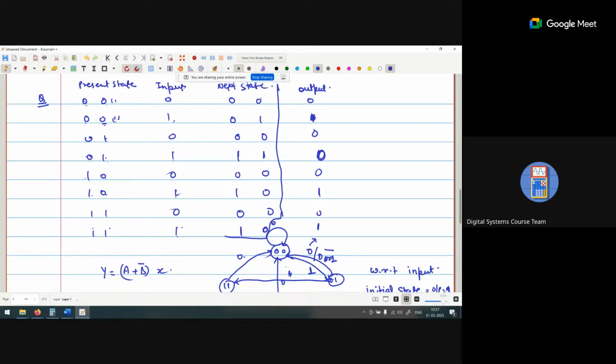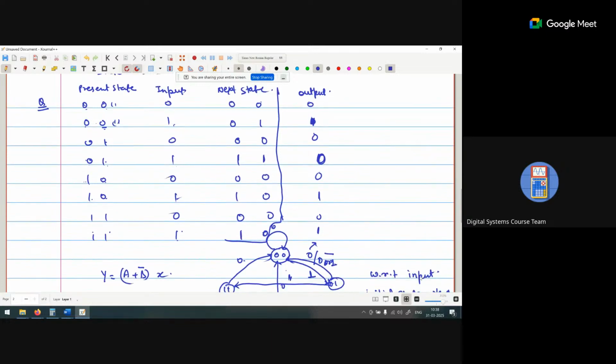Okay, so now we draw this table. Now we design this with the help of D flip flop. In the D flip flop, we consider the present state and the next state: An, Bn, and next An plus 1, Bn plus 1.